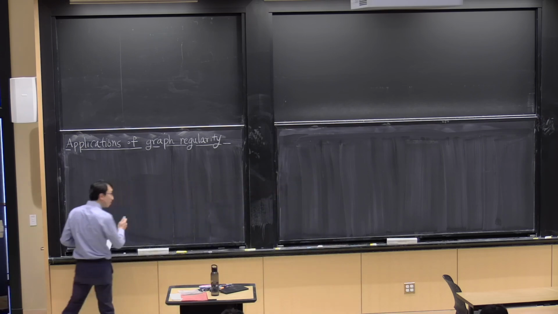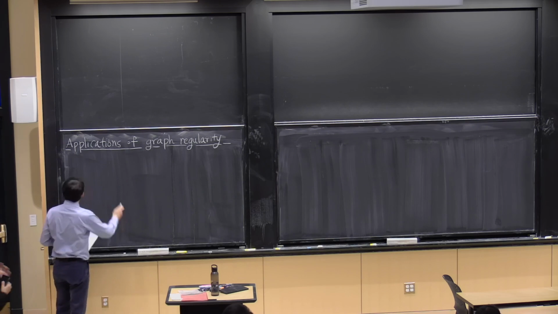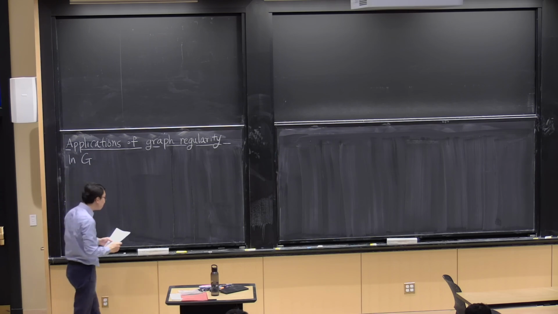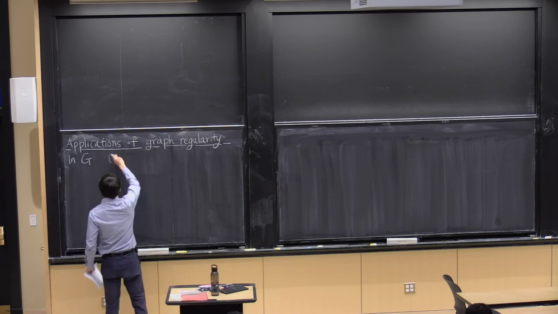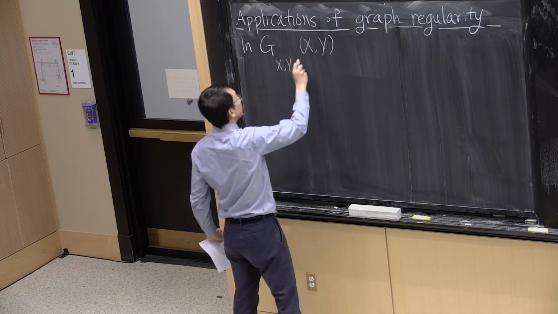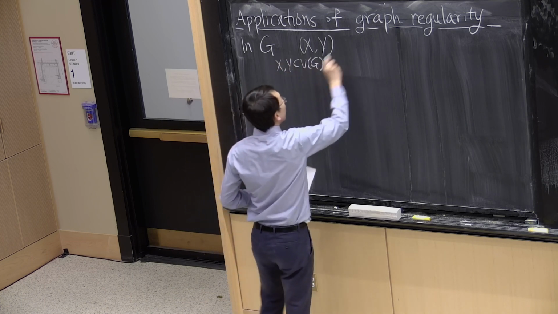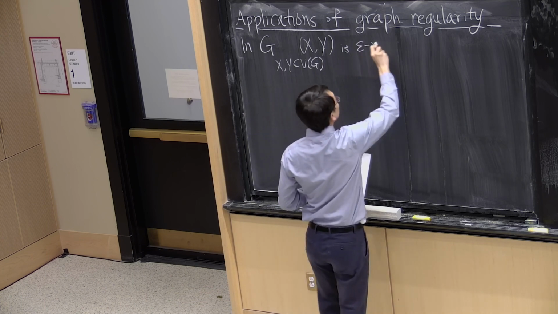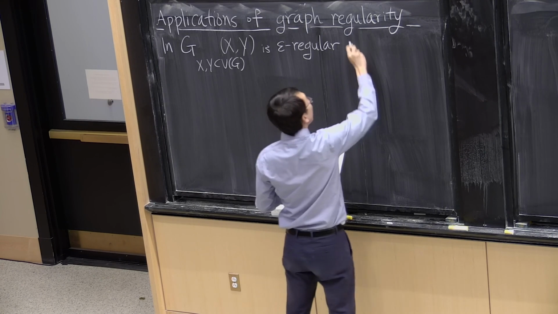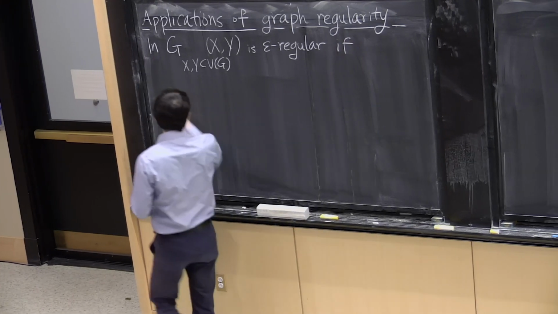First, let me remind you of the regularity lemma. We're always working inside some graph, G. We say that a pair of subsets of vertices is epsilon regular if the following holds.